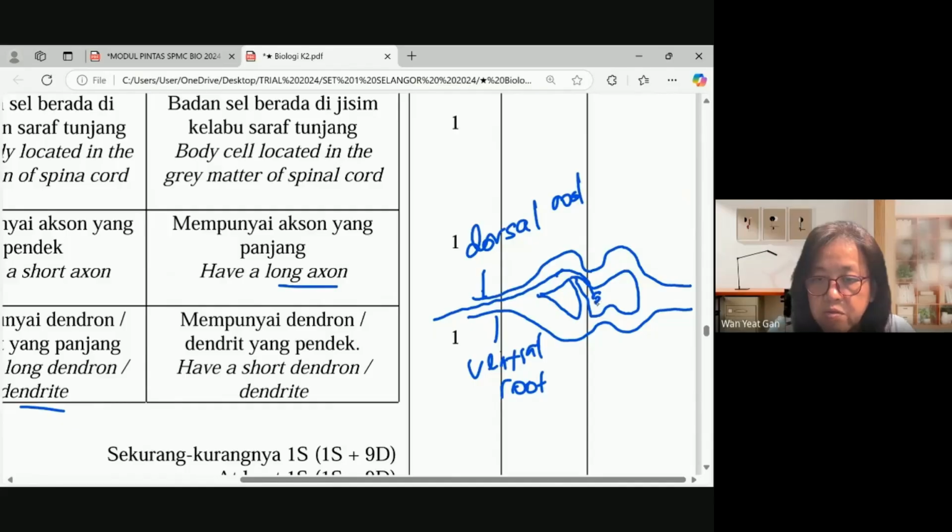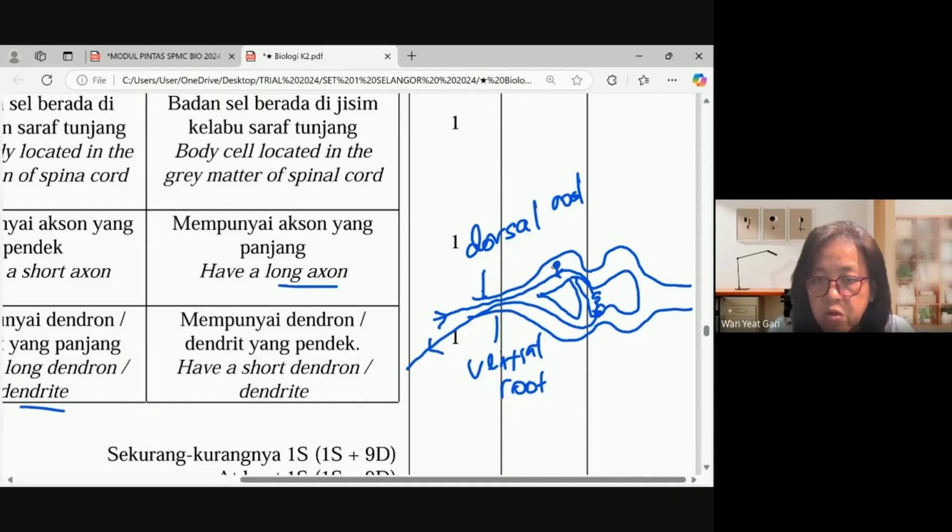And then there's a relay neuron here, and that is followed by the motor neuron exiting out through the ventral root. So this is motor neuron. This is sensory neuron.